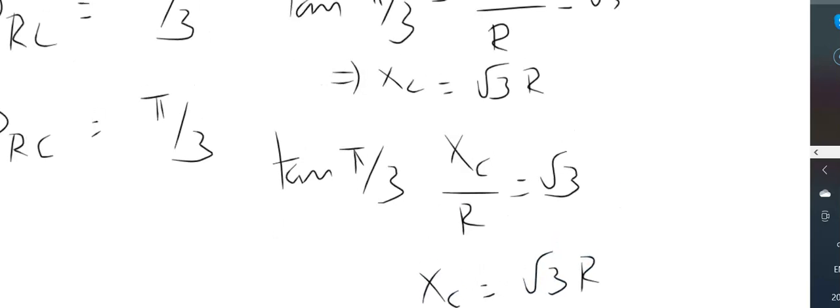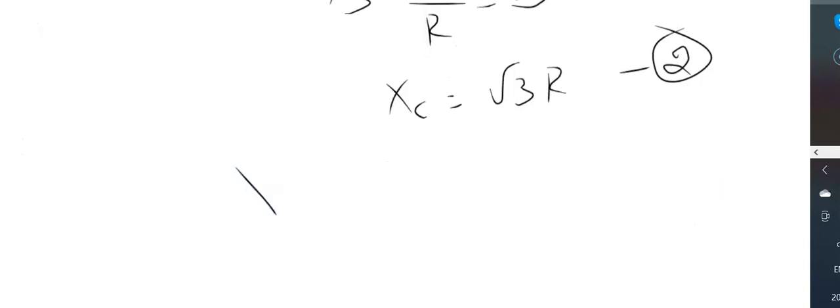So, from equations 1 and 2, we can infer that XC is equal to XL.